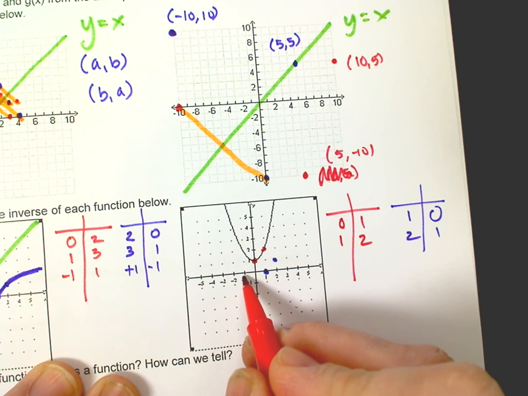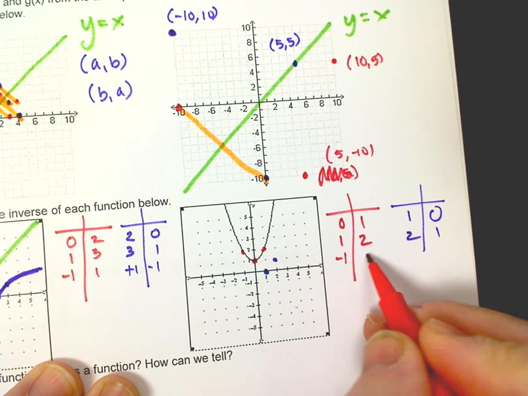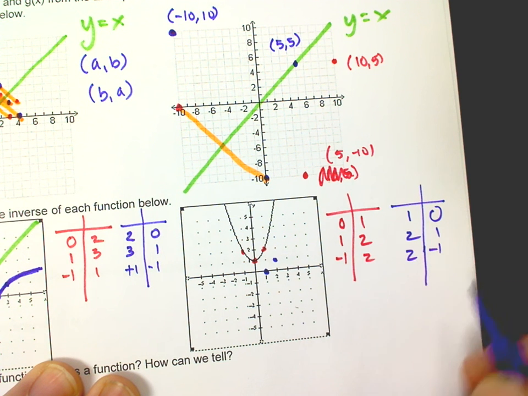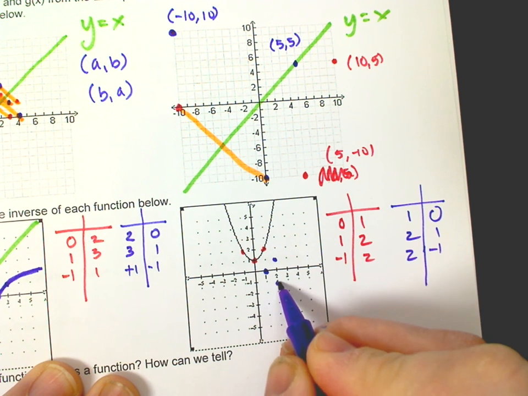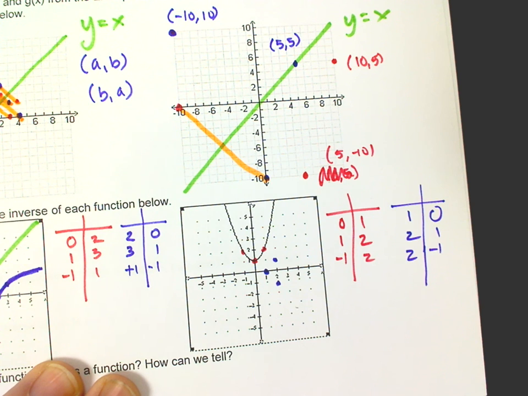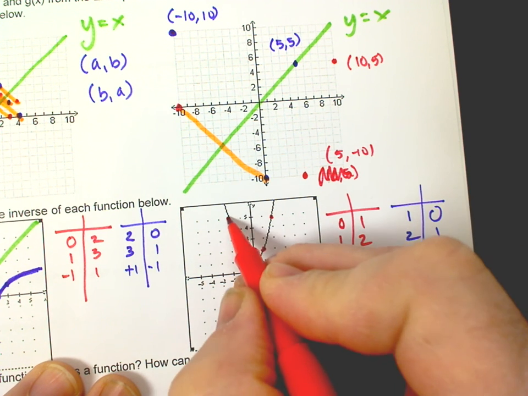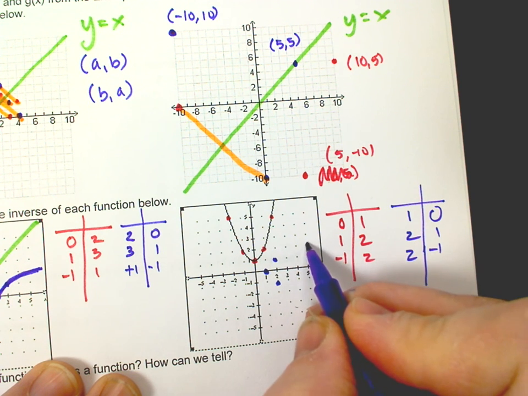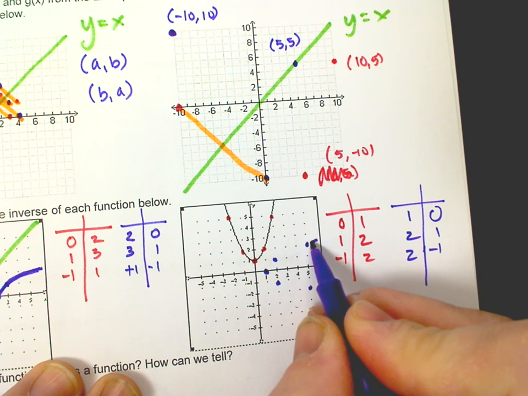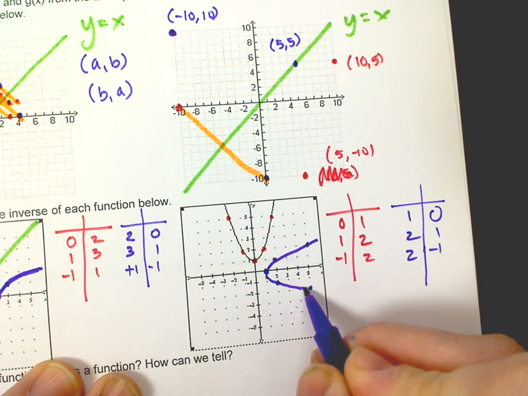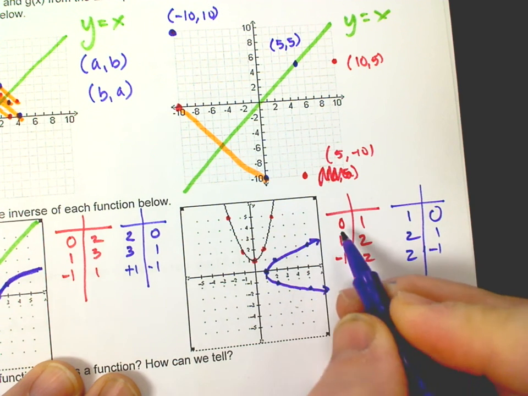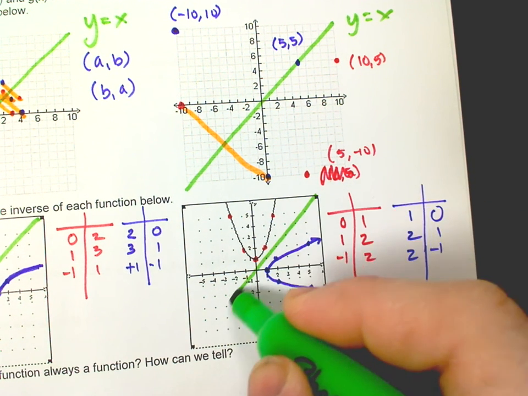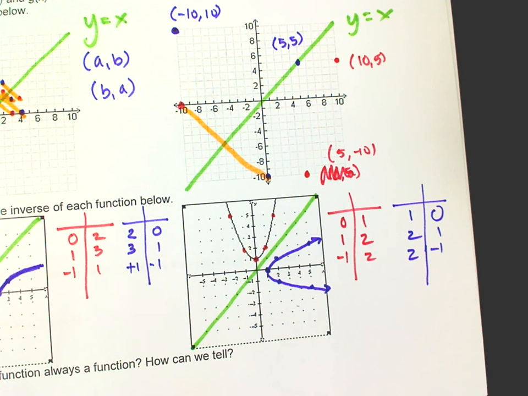And we can go left 1, up 2, which would correspond to (2, -1), to the right 2, down 1. We do have some others up here, but I think we have enough for our parabola that we can plot this, and it looks like this. That would be a perfect reflection across the line y equals x.